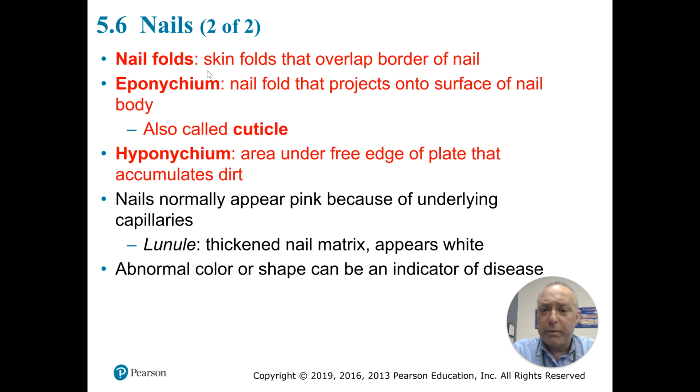There are nail folds, which are the skin folds that overlap the nail border. The eponychium, which is the nail fold that projects onto the surface of the nail body, also called the cuticle. And there's the hyponychium, which is the area under the free edge that accumulates dirt.